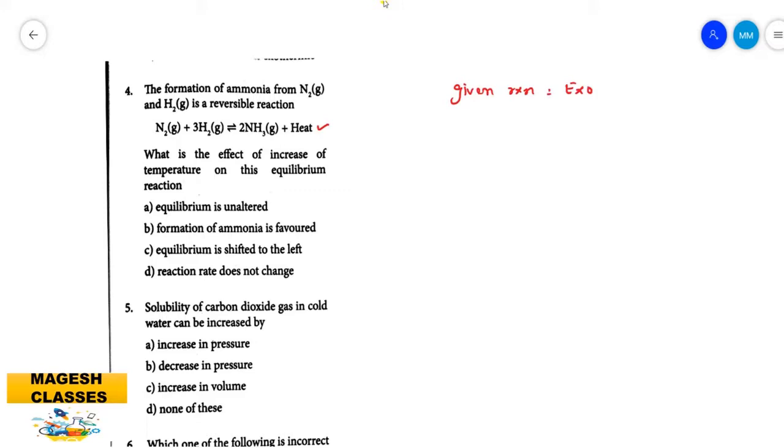We have learned from the previous question, in an exothermic reaction, forward is exo and backward is endo. So the given reaction, nitrogen plus 3 moles of hydrogen gives, reversibly, 2 moles of ammonia and heat. So the forward reaction is exo, the backward reaction is endo.